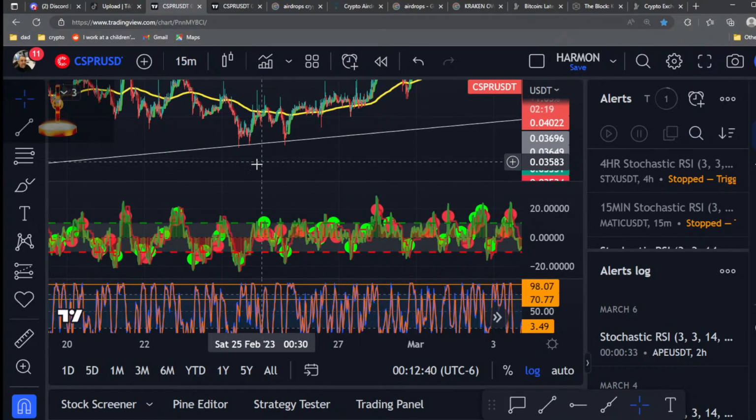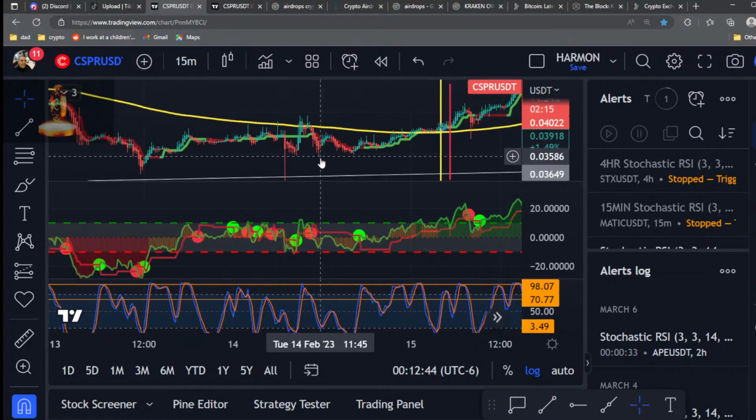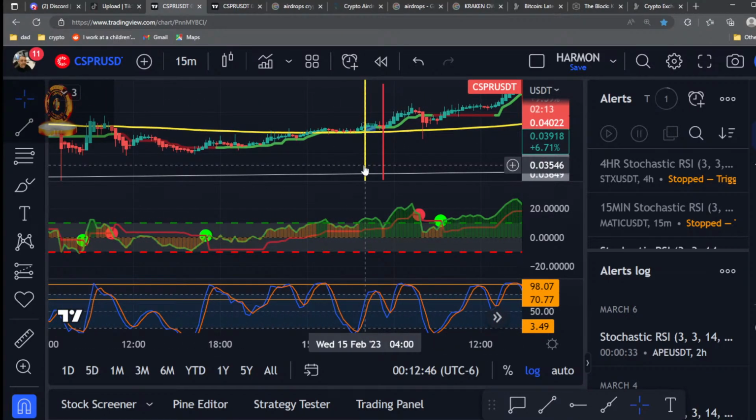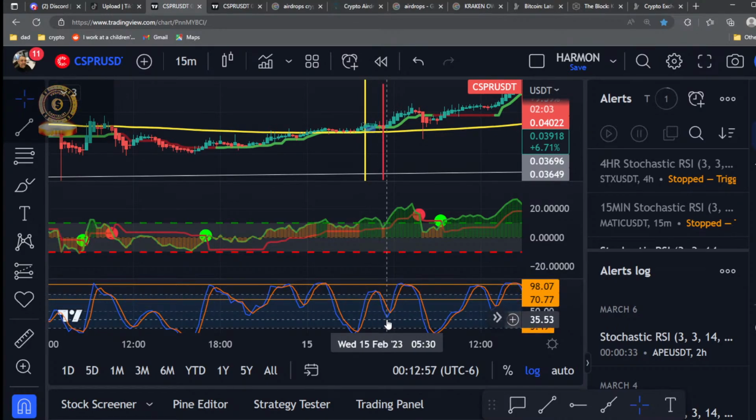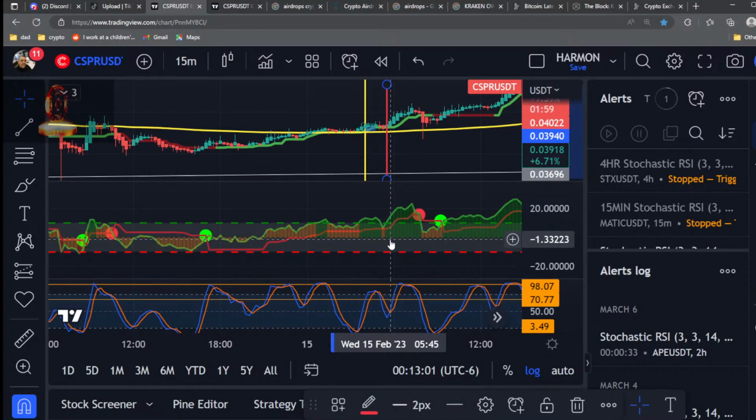Remember, we always let the RSI play itself out. Look at the 2 hour: the 15-minute is above the 70 line. So we allow the 15-minute to also bounce down, which means our entry should be off of this point right there. That's what we can do to better our odds and our percentages.